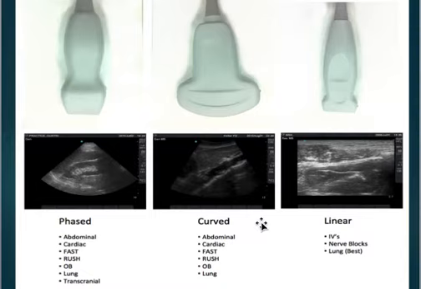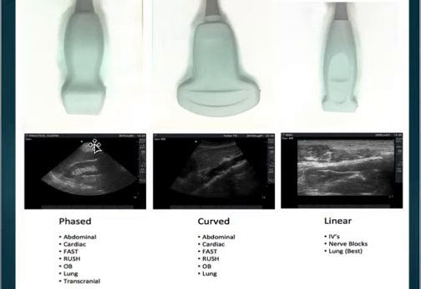So FAST and RUSH, if you're wondering, RUSH stands for rapid ultrasound for shock and hypertension. And FAST stands for focused assessment with sonography in trauma. So a lot of times they'll use those for abdominal trauma to see if there's any free fluid or lacerations. And then the phased, again, they use this for cardiac.